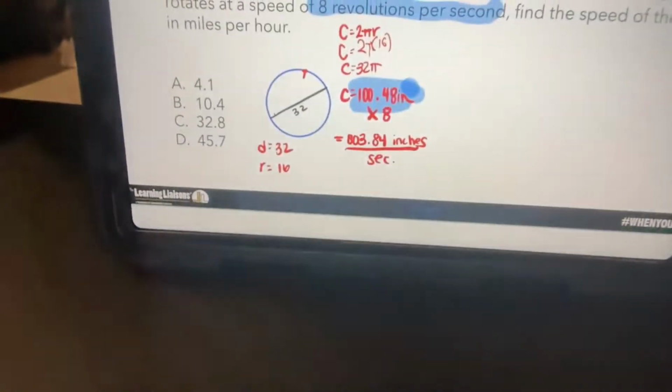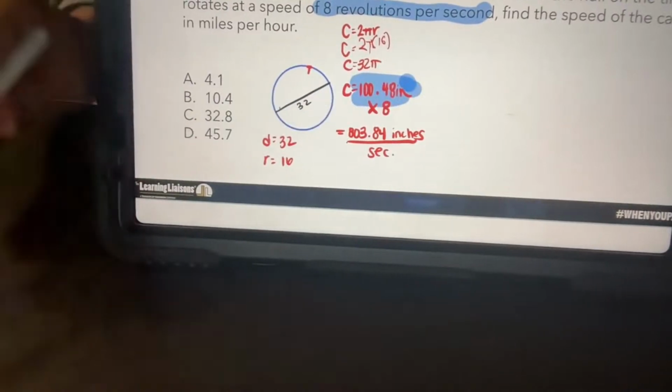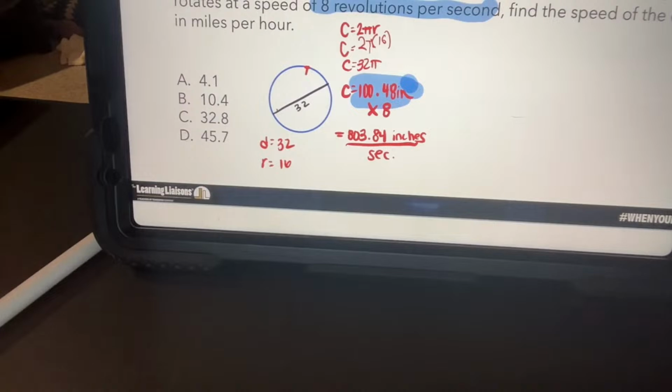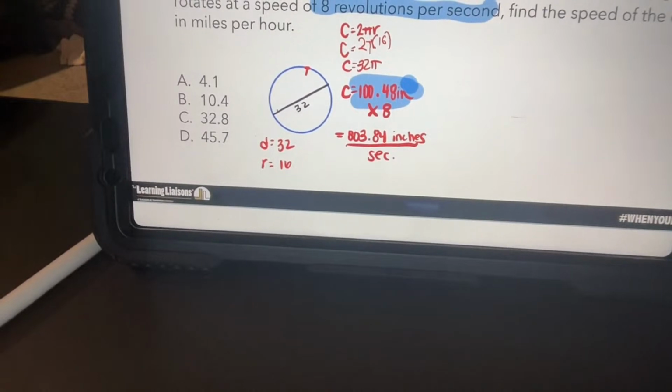That's going to give me 803.84 inches per second. There's my first unit ratio right there, right? Now what?